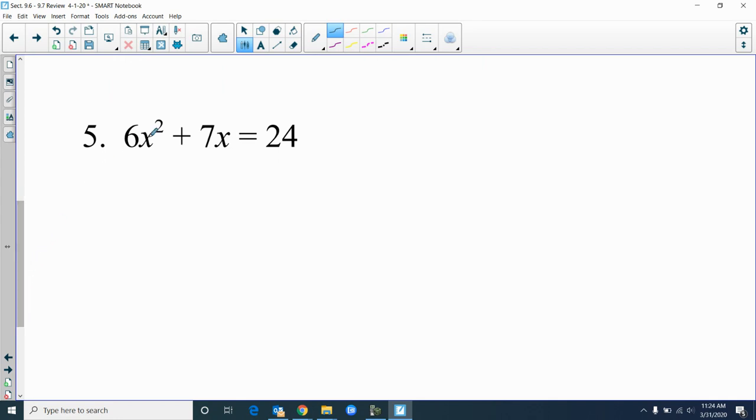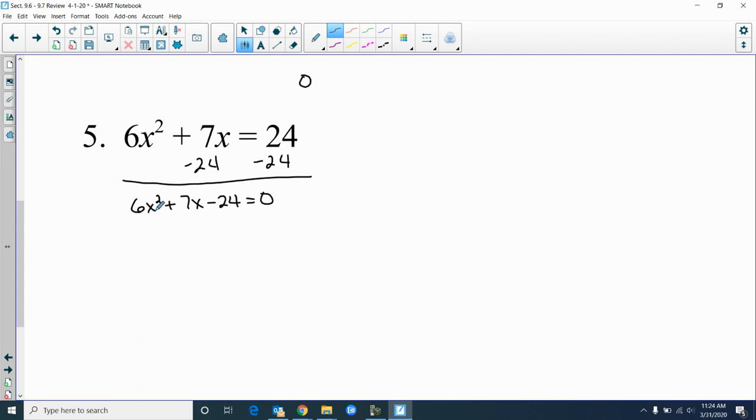Okay, for this one here, not only do I have a number in front of the x squared, it doesn't equal 0. We need to make it equal 0. Subtract 24. So I get 6x squared plus 7x minus 24 equals 0. Okay.